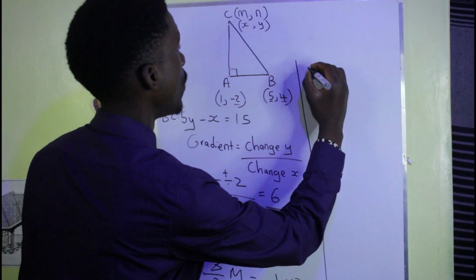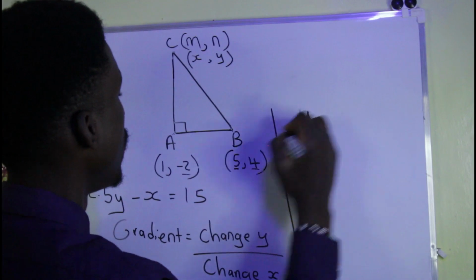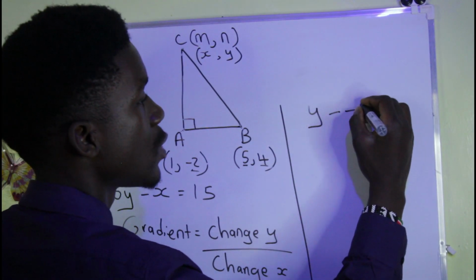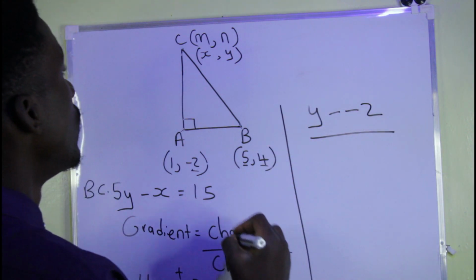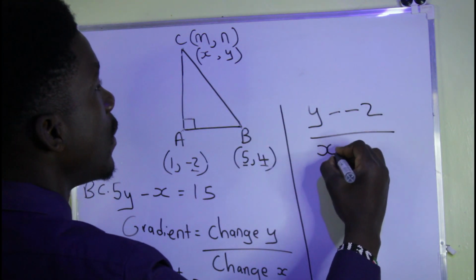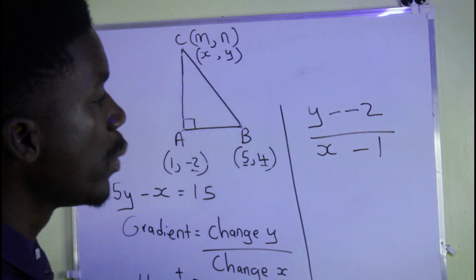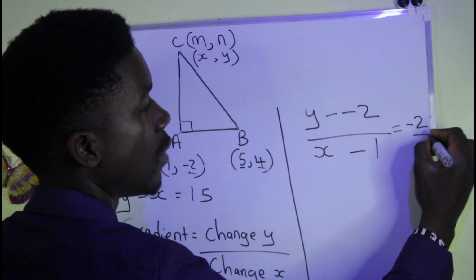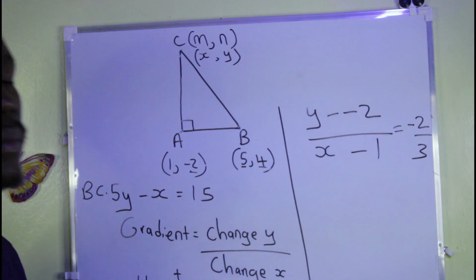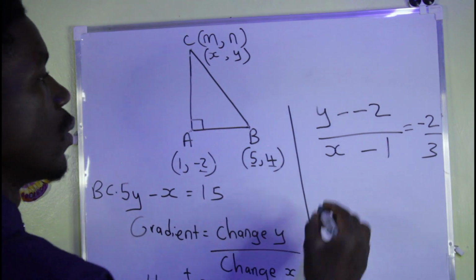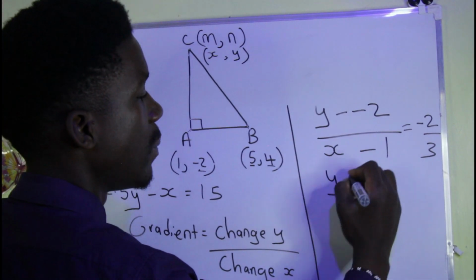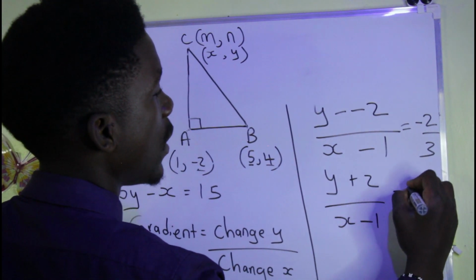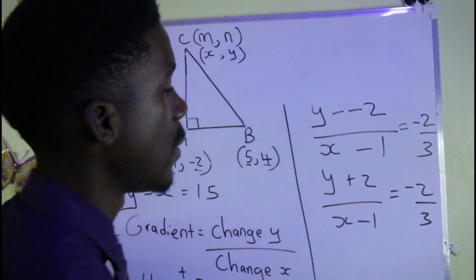So we have y minus -2 over x minus 1, which should be equal to -2/3. So y plus 2 over x minus 1 equals -2/3.